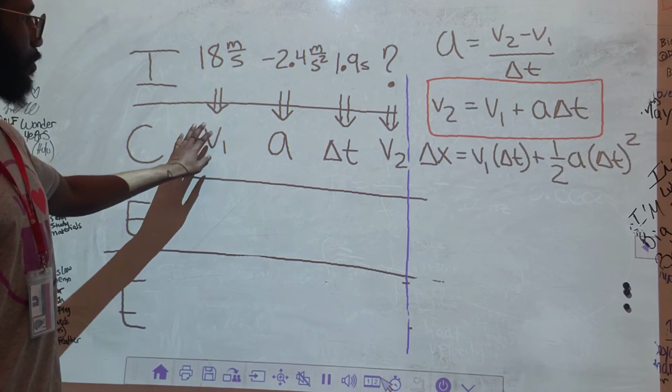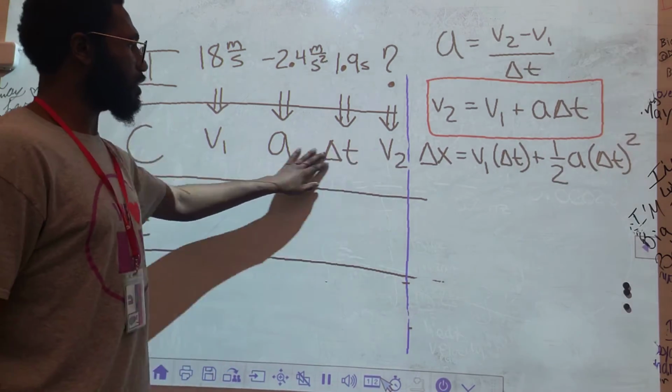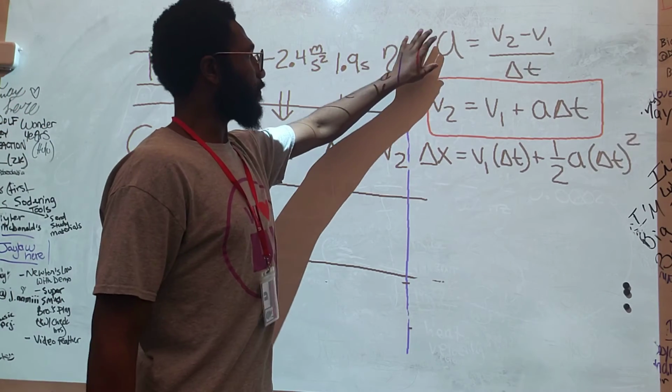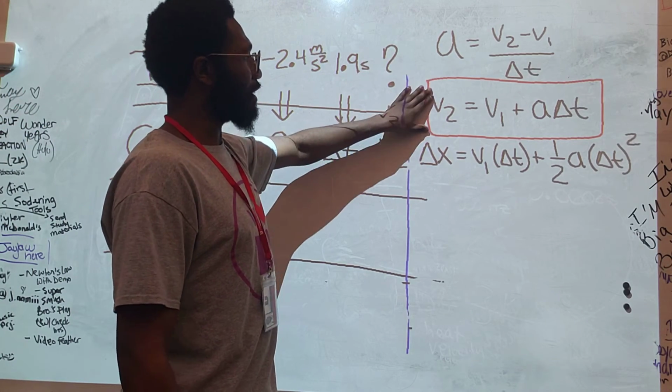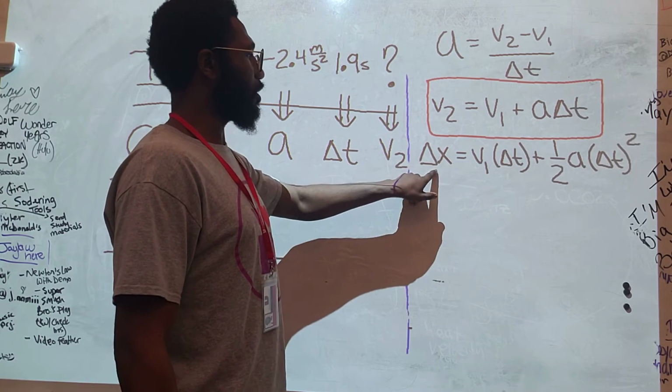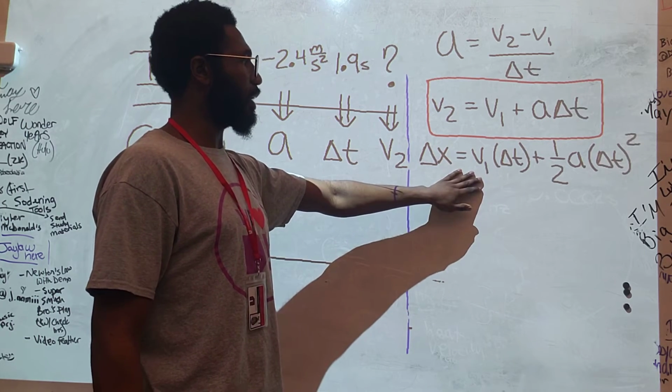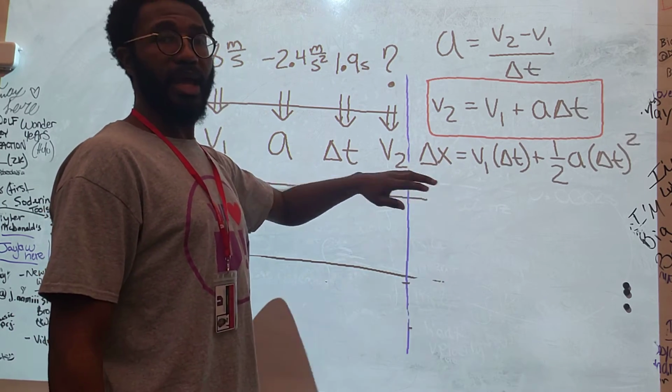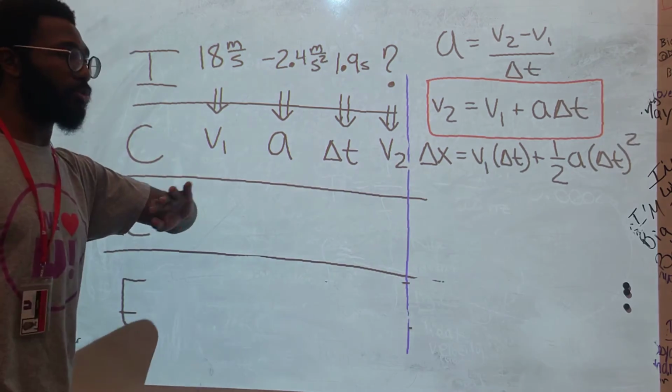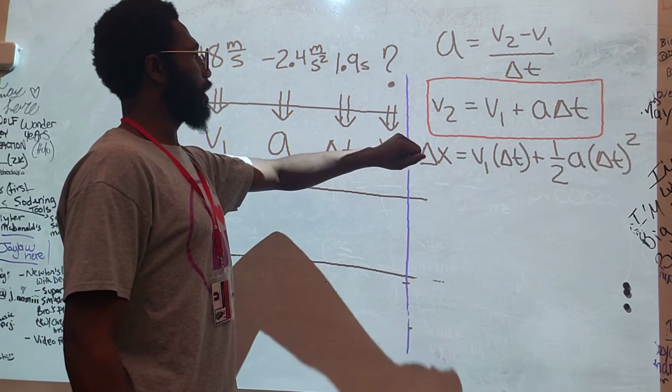Now again, we have all these symbols, all these variables, and we find that they are in equation 1 and equation 2, okay? V2 is not in equation 3. Equation 3 also has delta x, which we don't have, so we know we're not using this equation, all right?